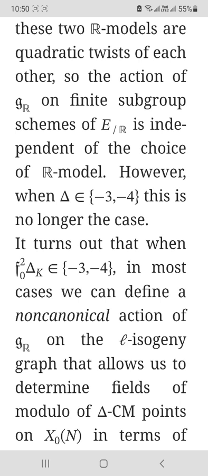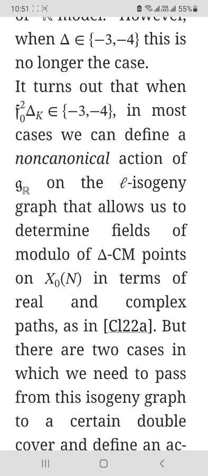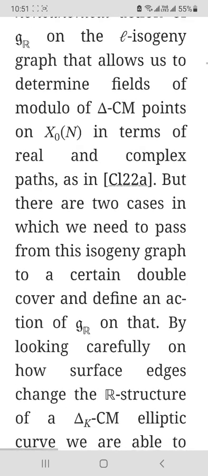It turns out that when f0 squared delta K is -3 or -4, in most cases we can define a non-canonical action of GR on the L isogeny graph that allows us to determine fields of moduli of delta CM points on X0(N) in terms of real and complex places, as in the CL22A paper.